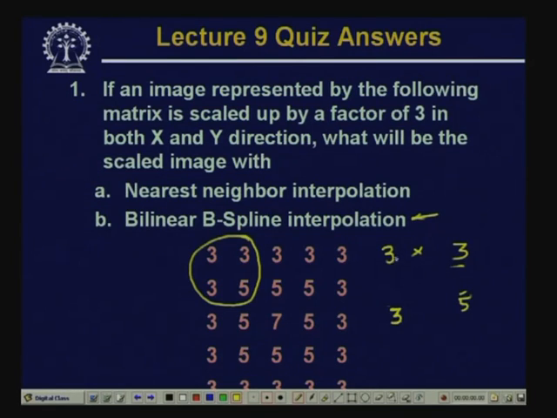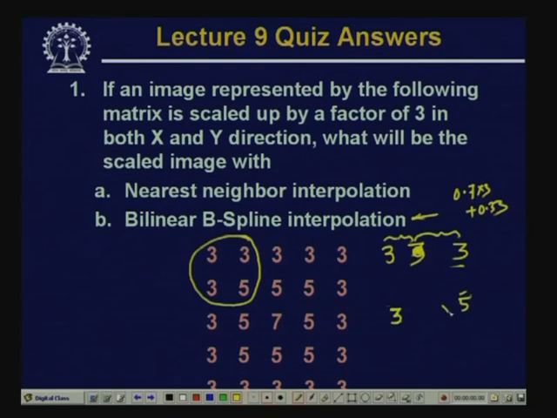Each gets a weightage given by the distance of the pixel from this particular point. So, this particular point will be filled up by a value equal to 0.7 times 3 plus 0.3 times 3, which in this case is also equal to 3.